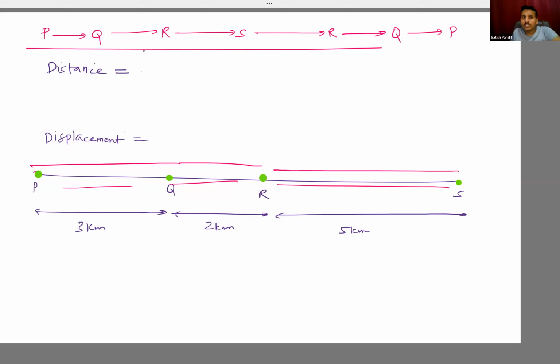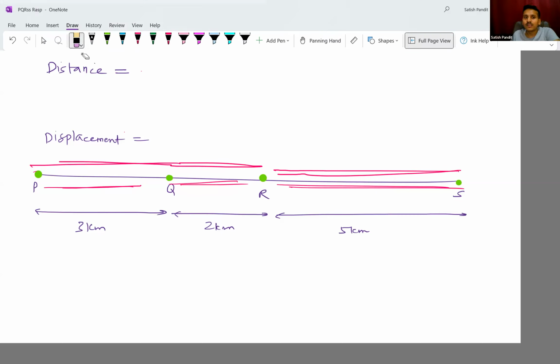That is the motion. In this motion, can you calculate the distance and displacement, please? I'll put the answer in the chat box. All of you, please try.